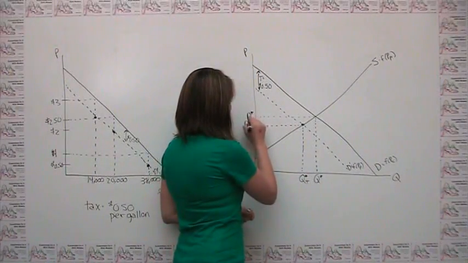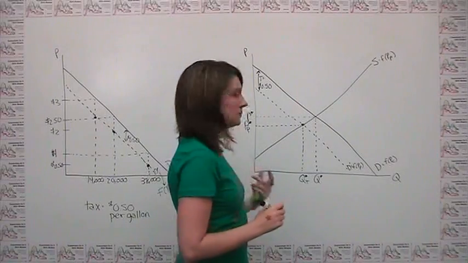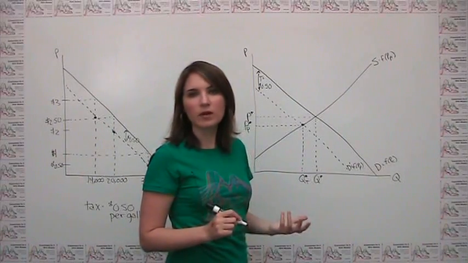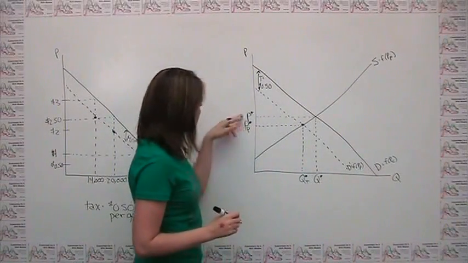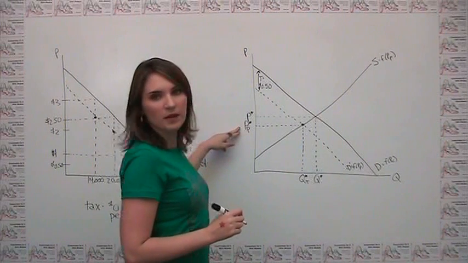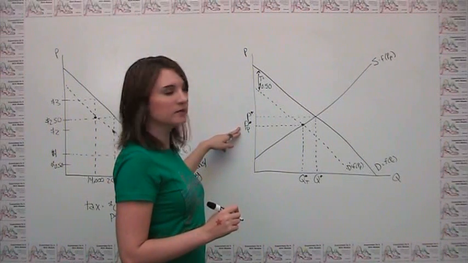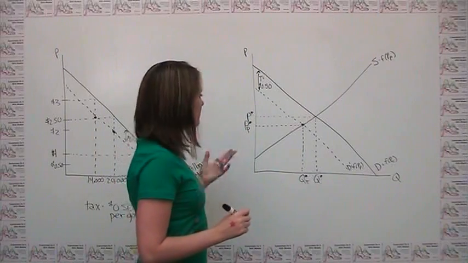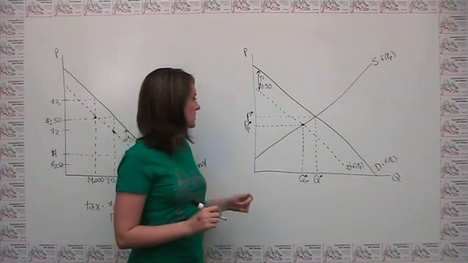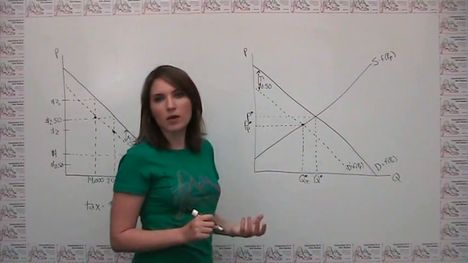So this price to the producer here, also called the supply price, shows that we've decreased from the original equilibrium price.